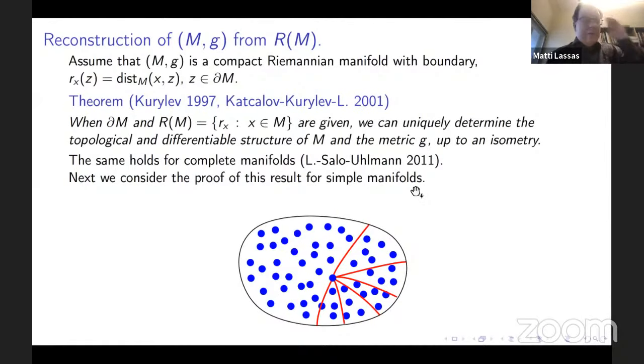I think we will have a break soon, but after the break, in the second hour, I will explain the proof, which is relatively elementary, fortunately, in the case when the manifold is simple. Are there any questions on the material this far, or any comments in general, please?